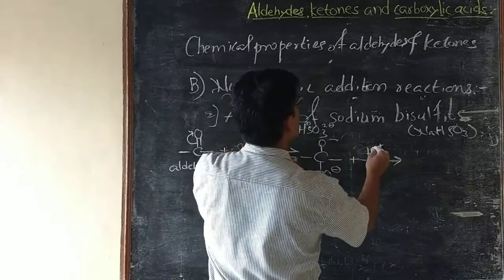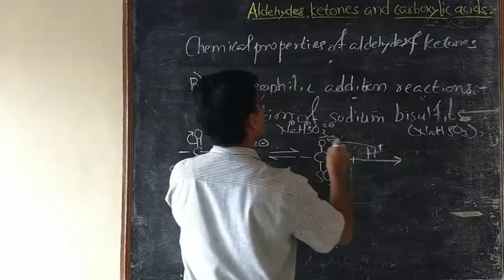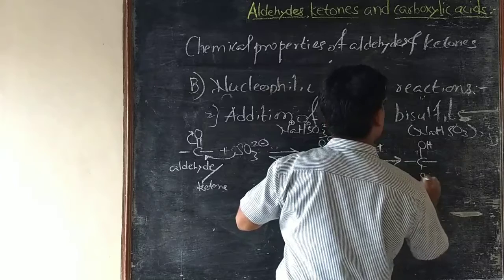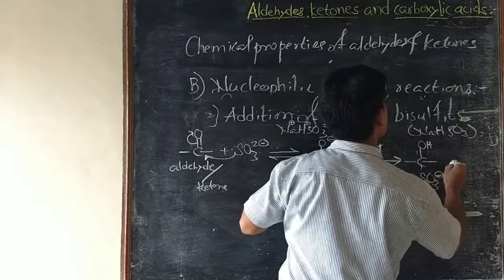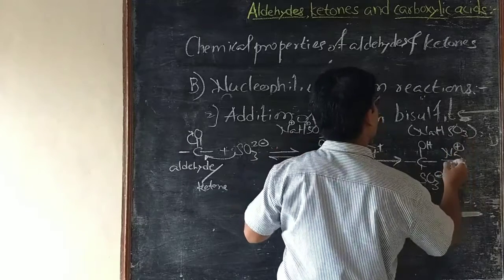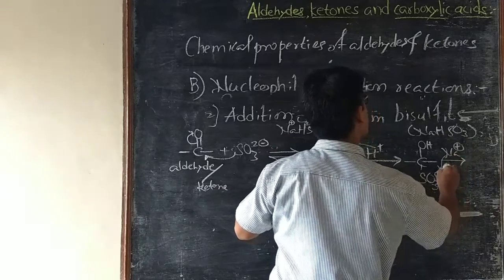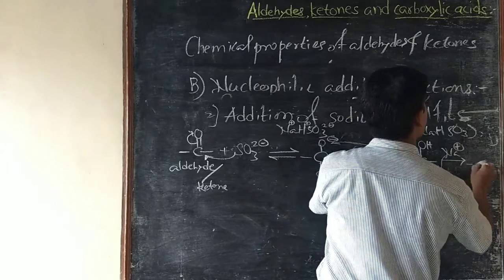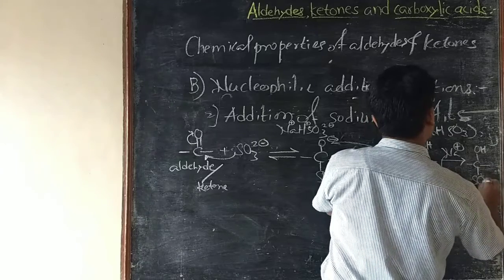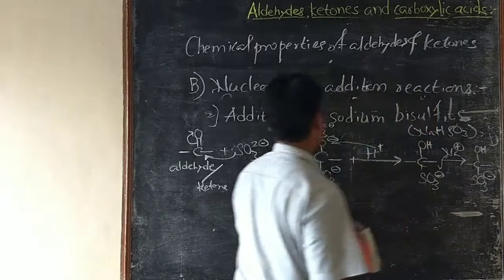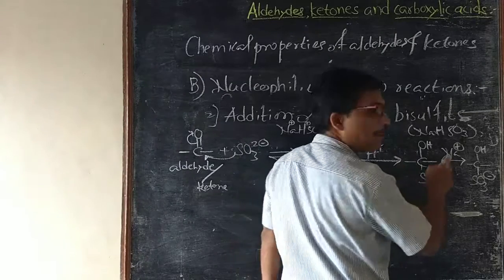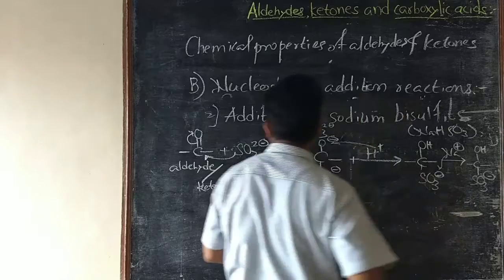Here this H plus goes to the O minus to form OH and SO3 minus. Then the sodium ion Na plus goes to the SO3 minus to form its corresponding sodium bisulfite adduct.